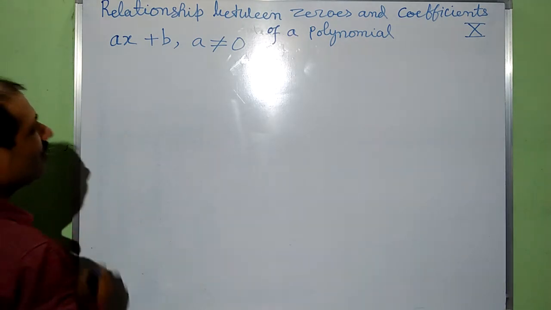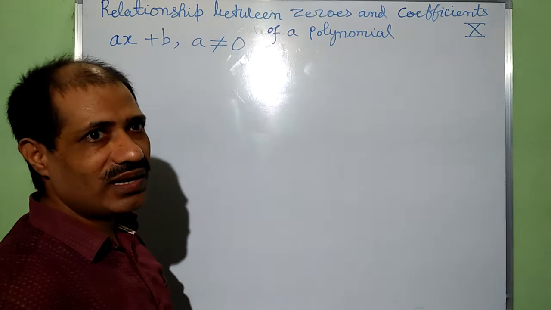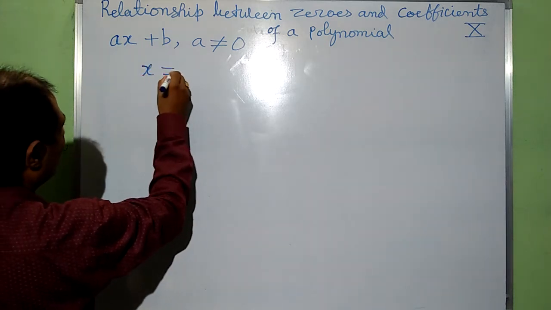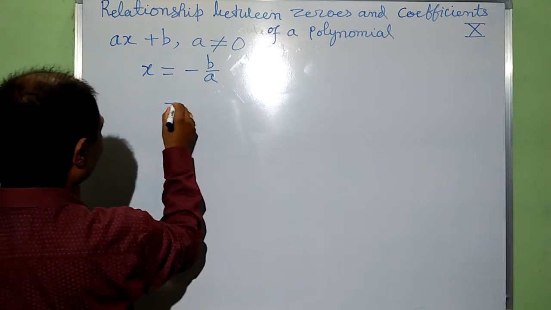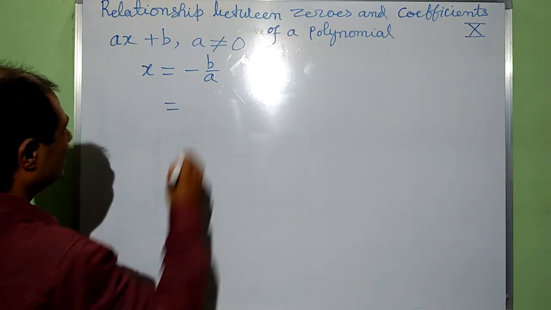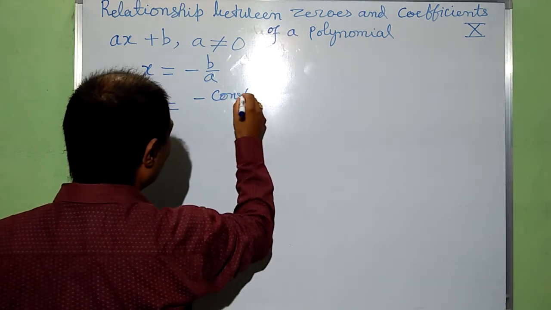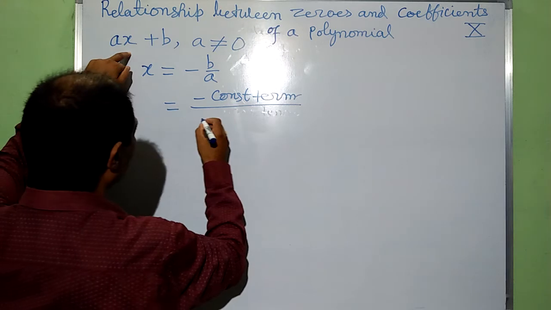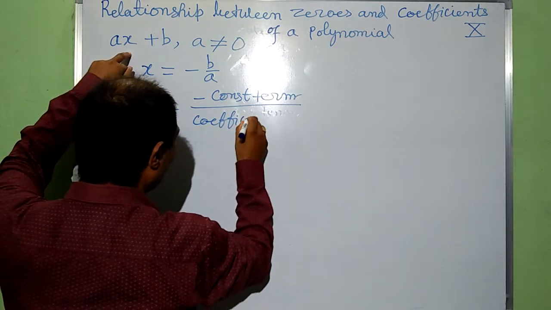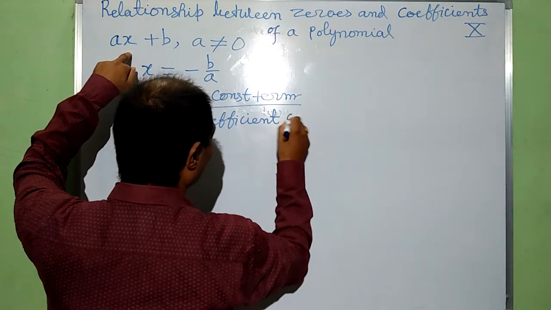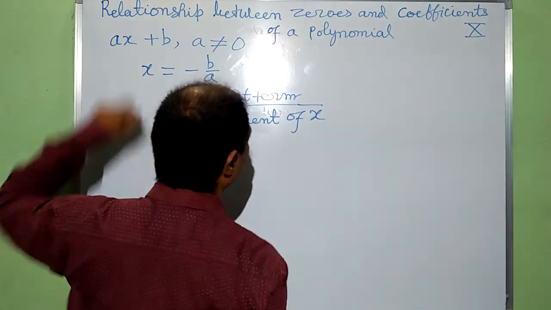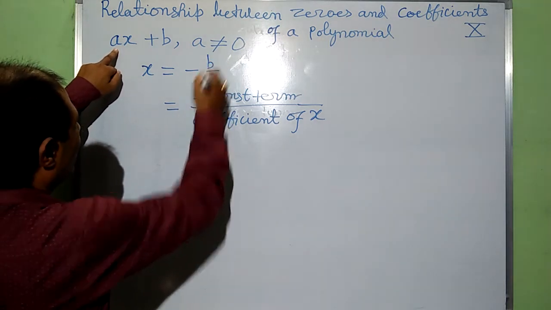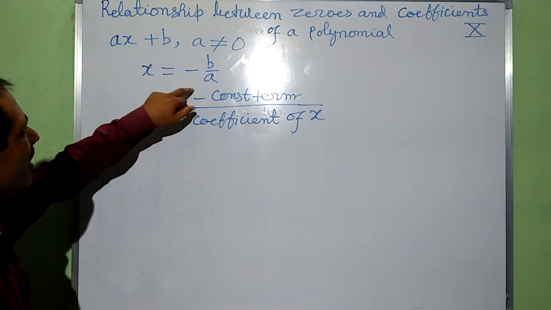As we know, its zero is the value of x which will make this polynomial p(x) equal to 0. So x is equal to minus b by a. It is minus constant term by coefficient of x. x is the variable, its coefficient is a, and b is the constant term with a negative symbol.